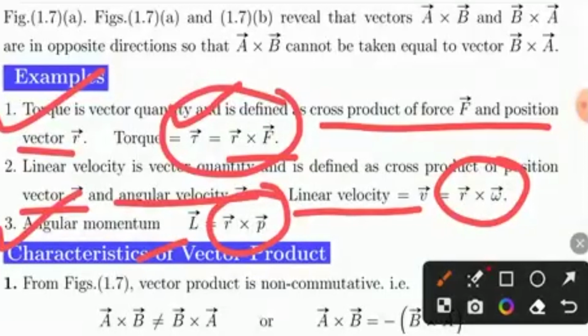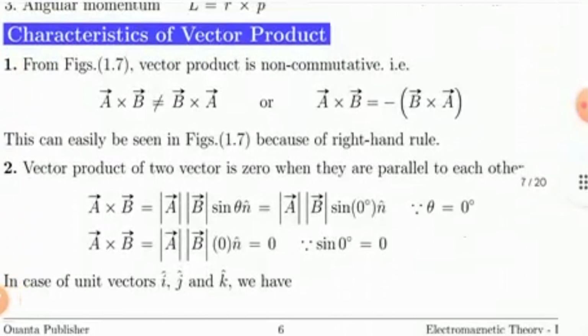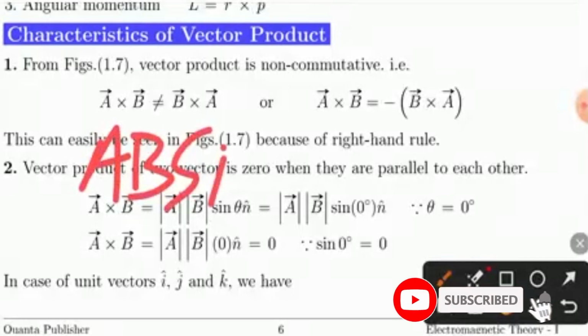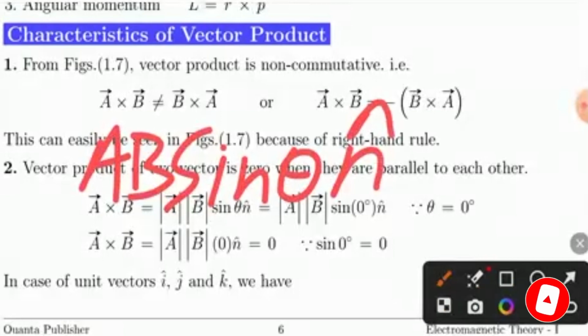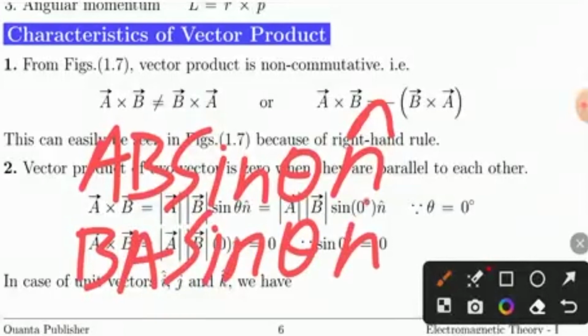Here are some characteristics regarding the vector product. The first one is, if we multiply A cross B, we will get the equation AB sine of theta with the normal unit vector n. And if we multiply B with A, we will get the equation BA sine of theta and again the normal unit vector.